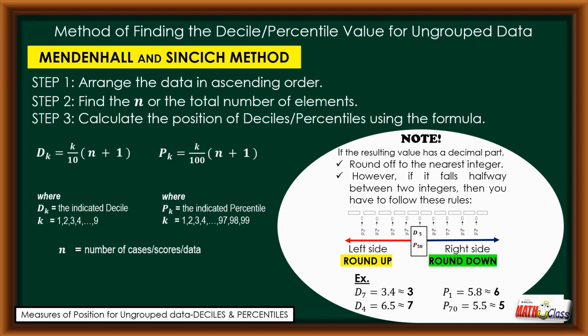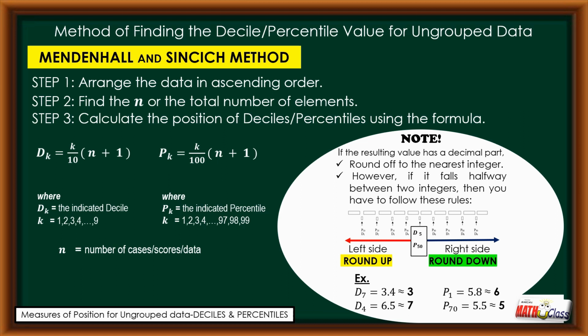However, if the result falls halfway between two integers or has a decimal part of 0.5, we need to locate first where the indicated decile or percentile falls in a distribution in order to decide whether to round up or round down the resulting value.